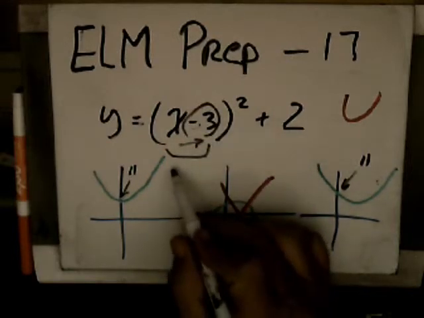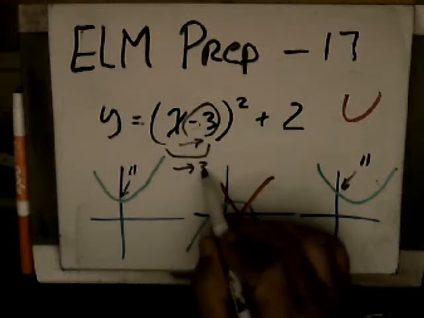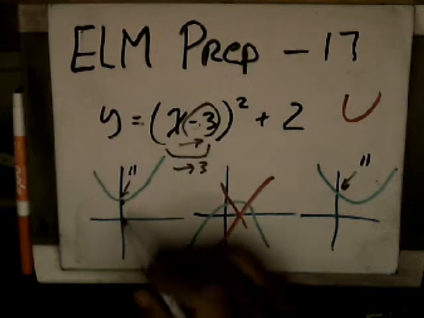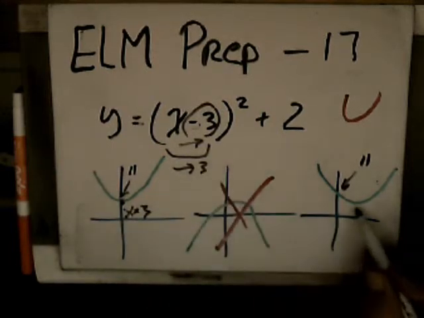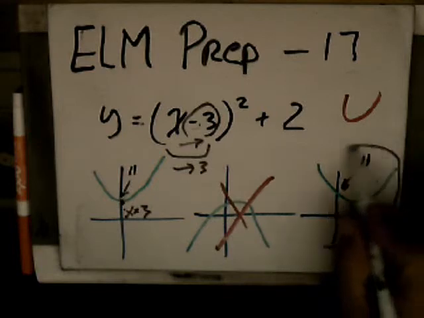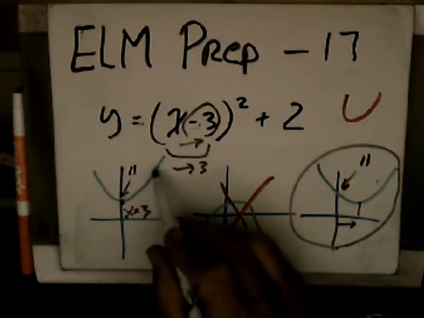I take the opposite sign, so it shifted to the right by 3. Well, this vertex seems to be right on the y-axis, or x equal to 0. This one over here, my vertex seems to be shifted over here to about 3. So in this case, I would choose this as my answer.